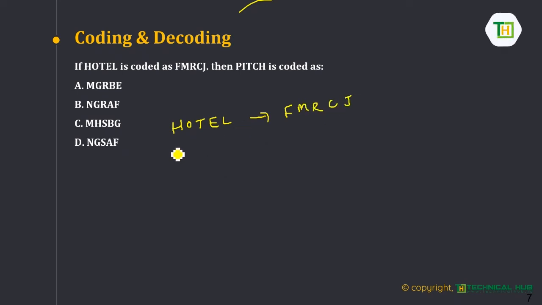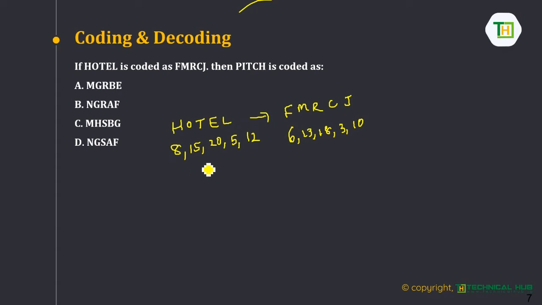Write down with respect to numbers. H is 8, O is 15, T is 20, E is 5, and L is 12. With respect to code word, F is 6, M is 13, R is 18, C is 3, and J is 10.